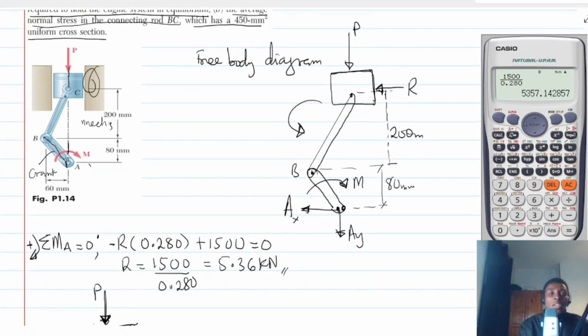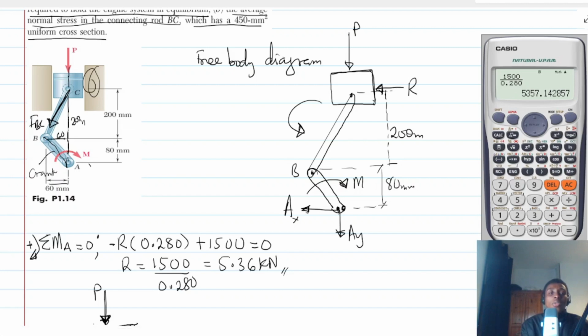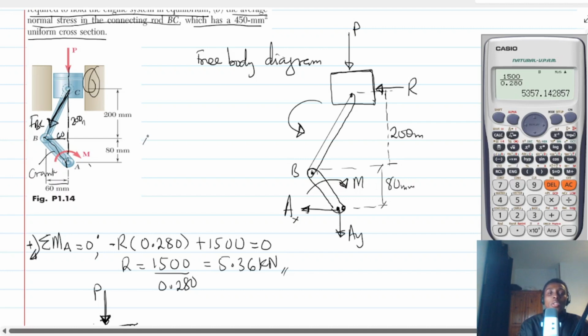Look at this. If FBC is acting on this line, now we have 200 coming down, that is the length here, and the distance is 60. So 60 and 200. So what will be the length of the hypotenuse?